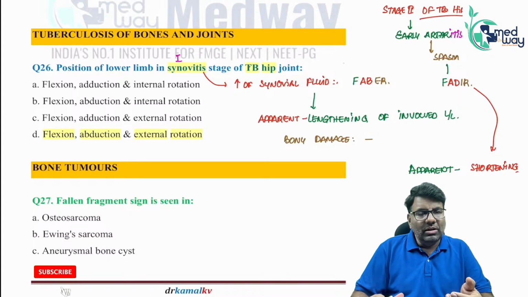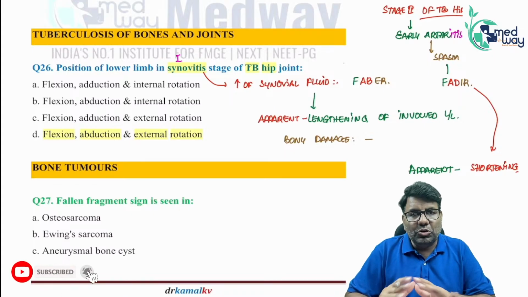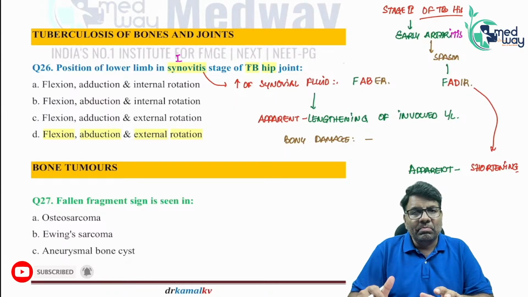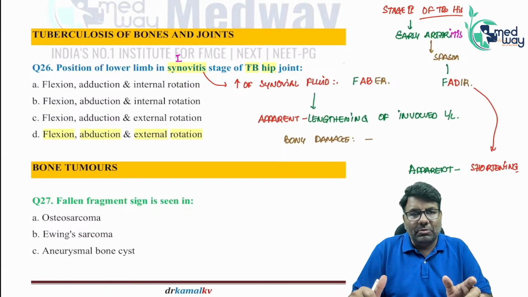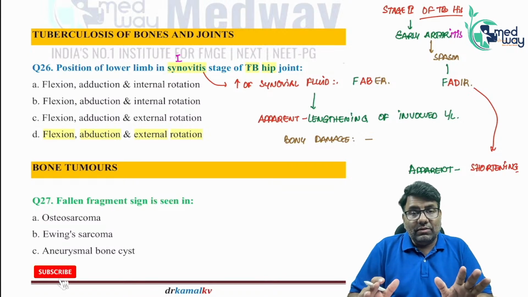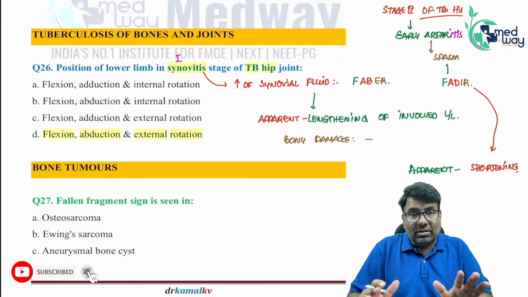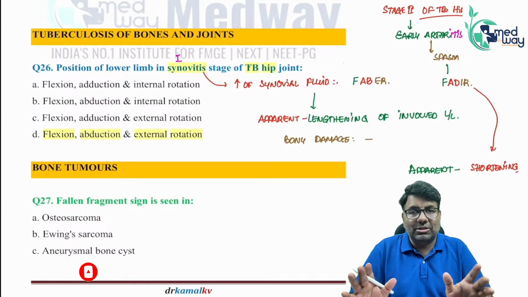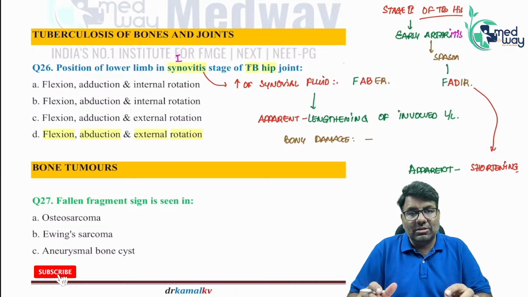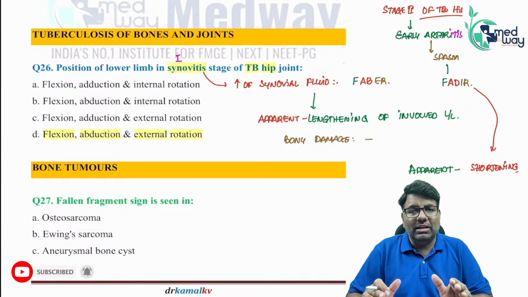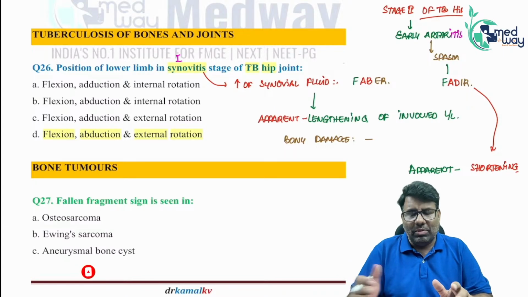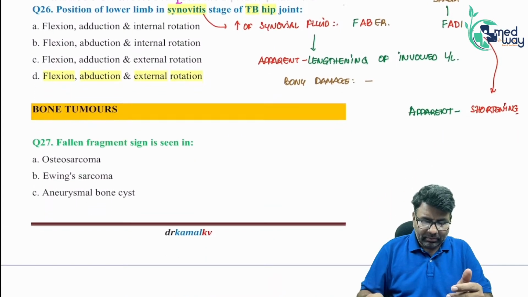In stage 3, the posture of the lower limb is the same, but the only difference is that in stage 2 there is apparent shortening, which means it looks as if the lower limb is shorter, but the measurement is exactly the same as the normal side. But in stage 3 there will be true shortening. It means finally there is some bony loss, and therefore the limb is now shorter than the normal limb. Right? So please remember that.